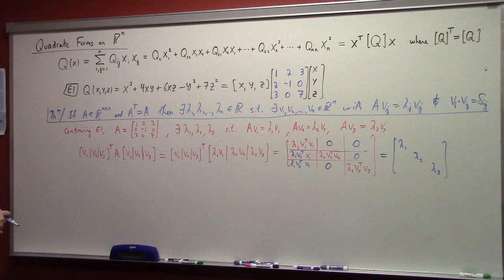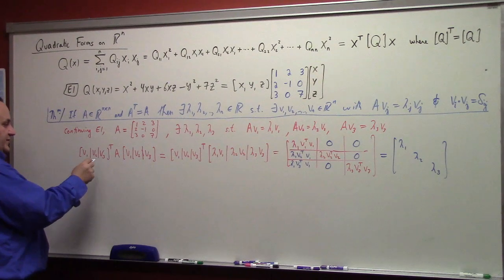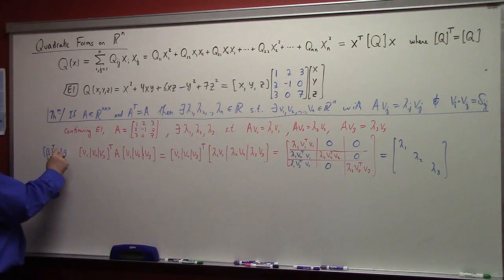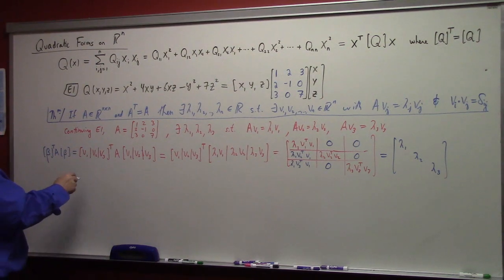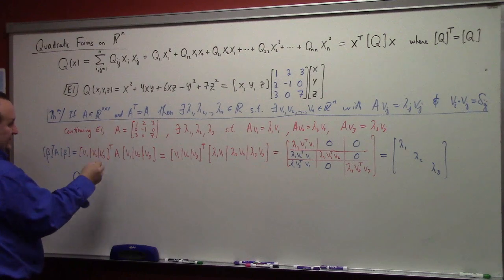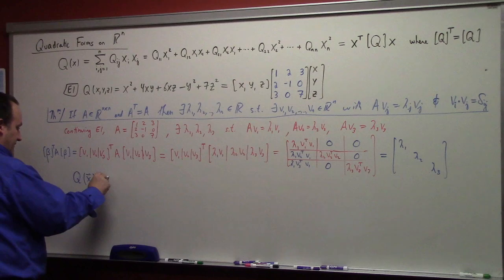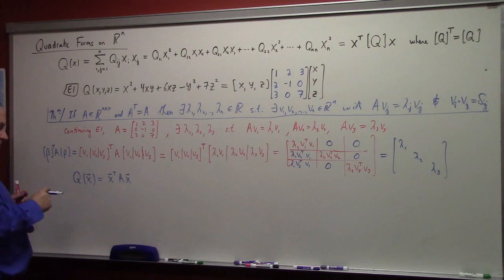So going back to the formula, what we're looking at here, if you want me to be brief, is the basis matrix transpose times A times the basis matrix. That's what this calculation is. So if I have Q of vector x, and I'll put a vector on it since I'm using x as a scalar for this example, then that is x vector transpose times A times x, on the one hand.